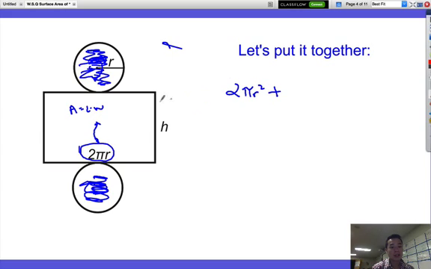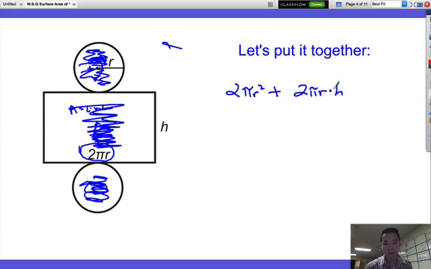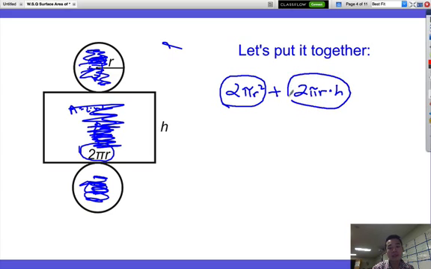So to find the area of this rectangle, the body of the cylinder, it is the circumference of the circle, 2 pi r, times the height, because the area of a rectangle is length times width. So really, there's my formula. Surface area of a cylinder is the area of both bases, and then the area of the body of the cylinder.